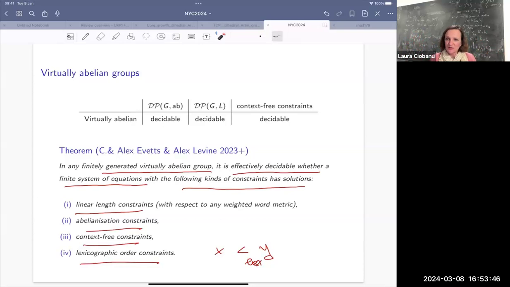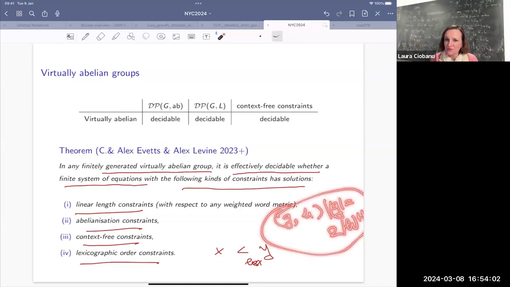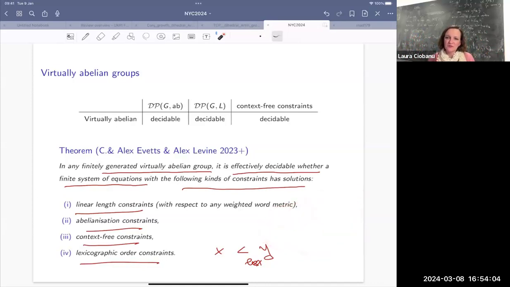So we were able to really say these length constraints. So the set, say, in a virtually abelian group, the set of all GH, say, where the length of G is twice the length of H plus 1 or something like that, that is actually a rational set. And we can give the rational expression for it. And this part 1 actually takes quite a bit of work.